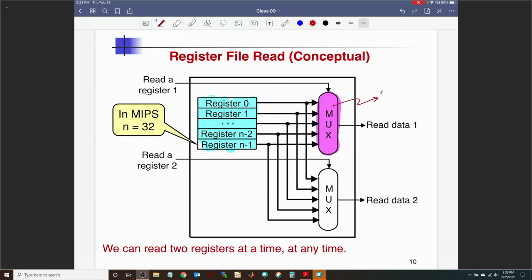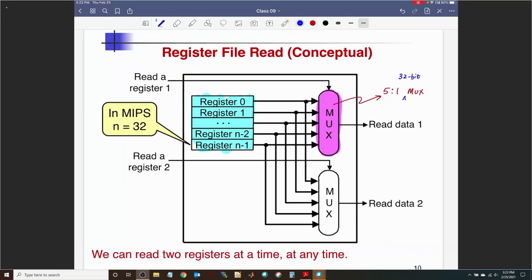Okay, so this is a 5:1 MUX. But how many bits? 32-bit MUX. Can I say that? Because each of these guys is 32, right?